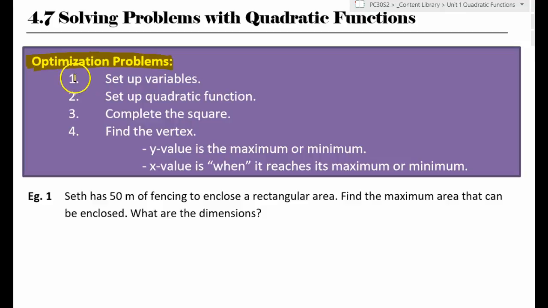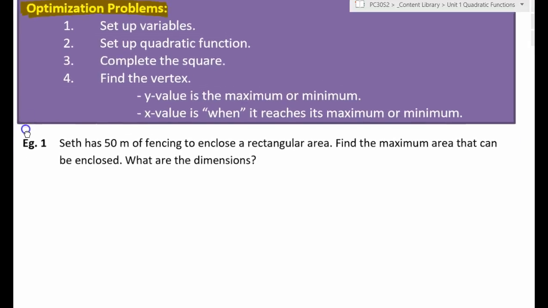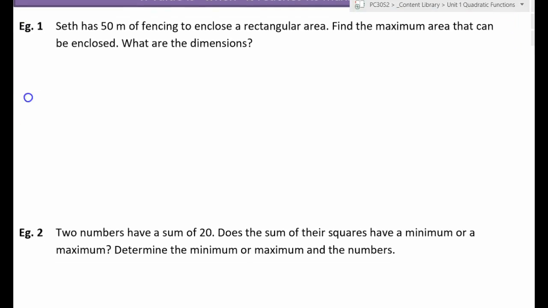Step 1 is you set up your variables. Step 2 is you set up your quadratic function. Step 3, complete the square. Step 4, find the vertex. The y value is your maximum or minimum. The x value is when it reaches the maximum or minimum, that horizontal coordinate.